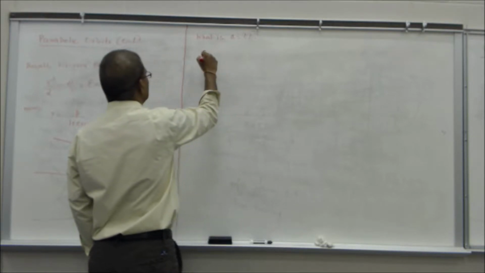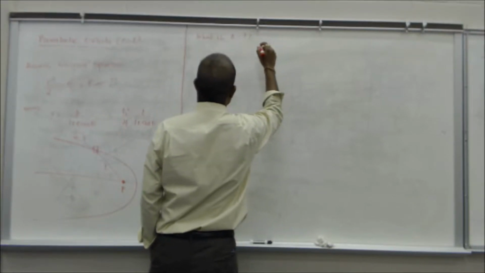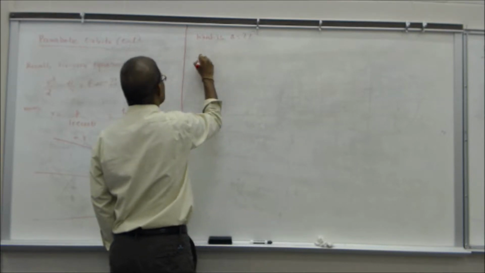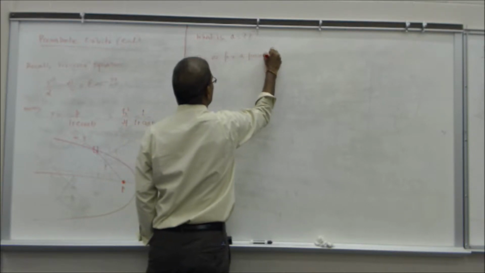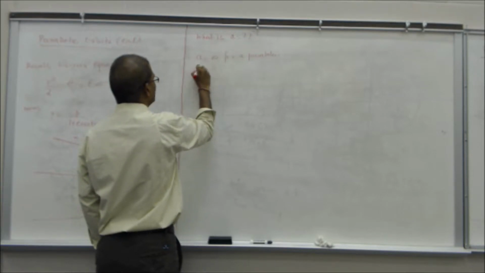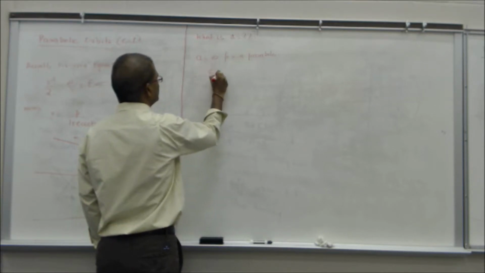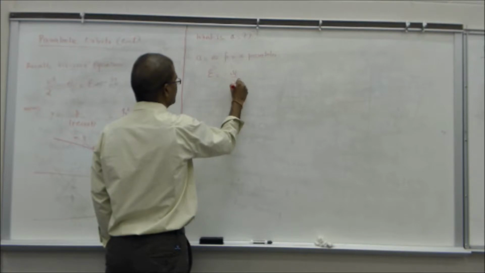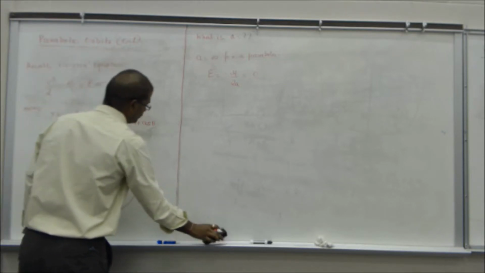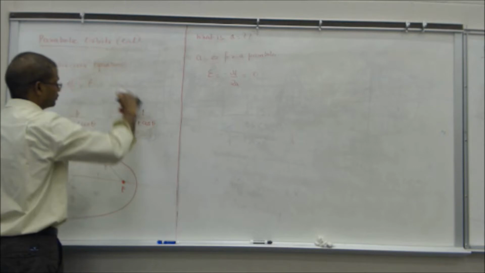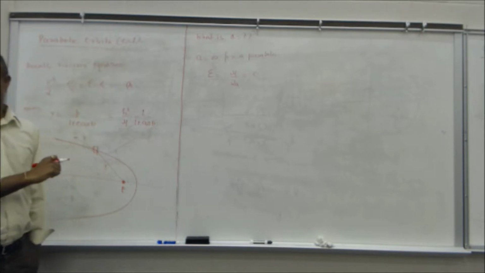You go back and look at your book. A for a parabola is infinity. Let's call this A. Okay.